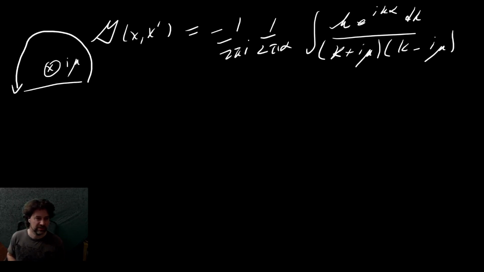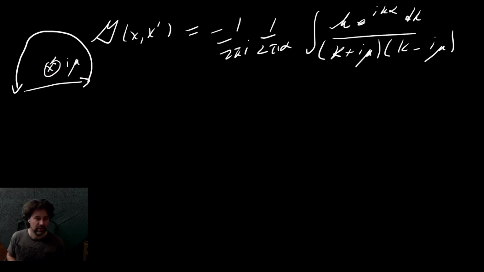Jordan's lemma tells us that the contribution on this big infinite circular arc is going to be 0. So if we evaluate the integral along this contour, we can deform it to an integral just around our pole in a positive sense.